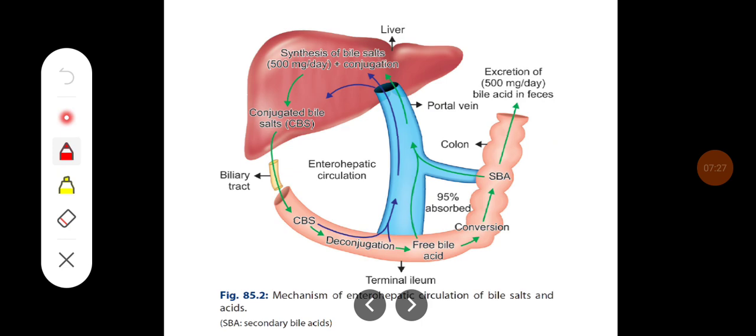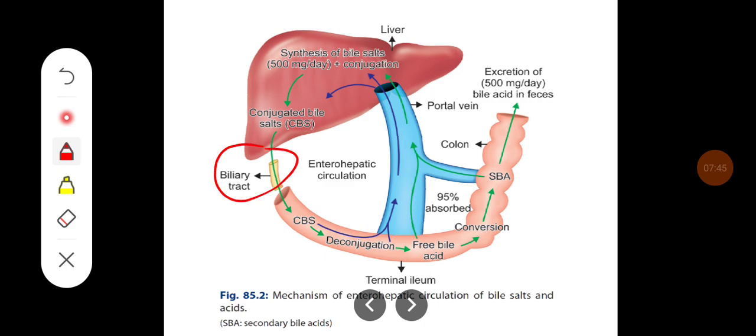This is a diagram showing the enterohepatic circulation, where the synthesis of bile acids occurs. Initially they are conjugated here.